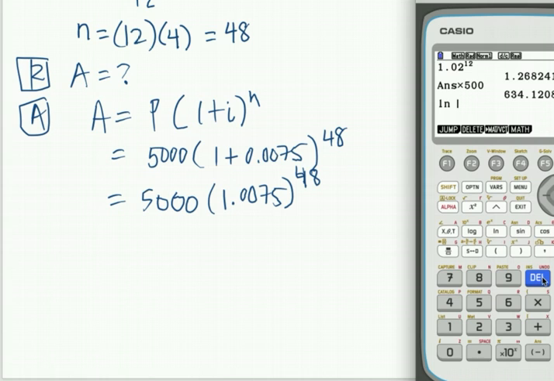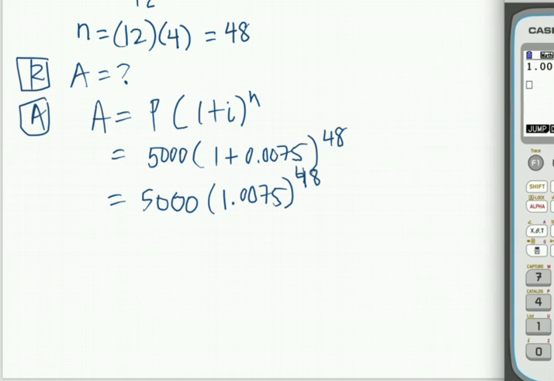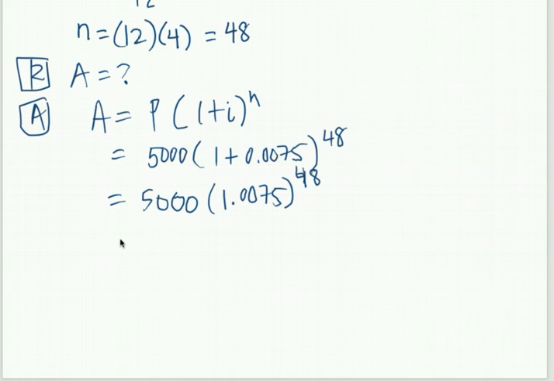So we have 1.0075 to the exponent 48, and then we end up with 1.43. So I'm just going to write that in. Just to remind you, don't use the 5,000 yet, okay?